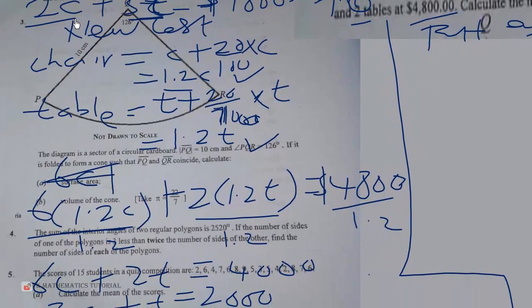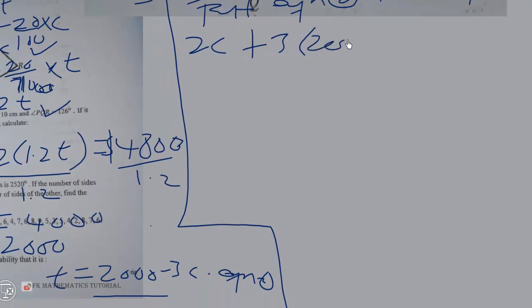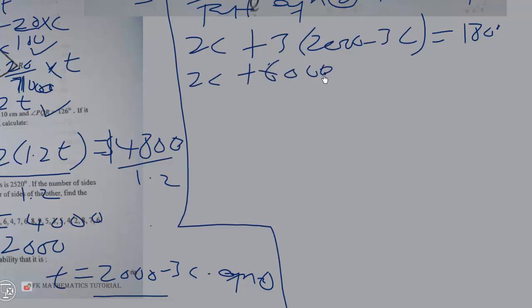So let's go. 2c plus 3 into bracket 2000 minus 3c could be equal to 1800. So 2c, let's expand, plus 6000 minus 9c will be equal to 1800.